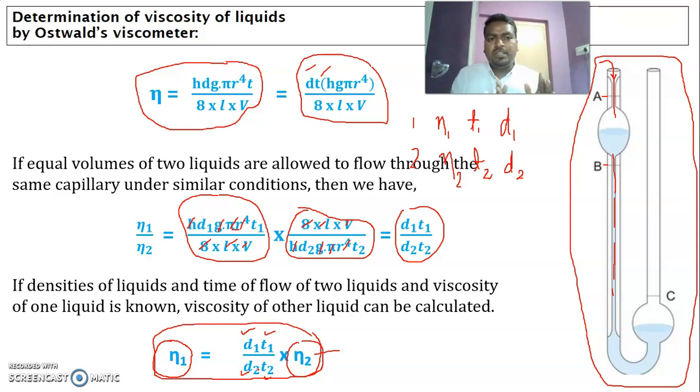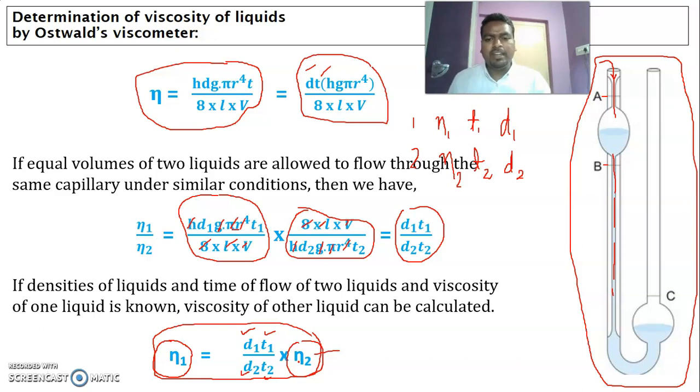The viscosity coefficient of one liquid is known, written as eta 2, while the other is unknown. T1 and T2 are unknown, and similarly the density D1 and time are unknown. Experimentally we are going to determine density and time.